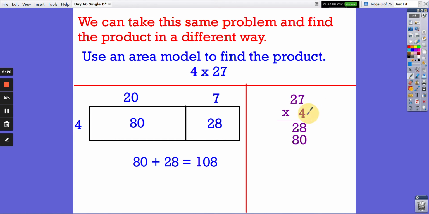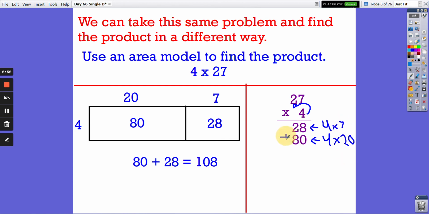Now I'm going to do 4 times this 2. But what's the real value of that 2? That 2 is really worth 20. So 4 times 20 gives me 80. Sometimes we'll make a little note on the side so we know what numbers I was using to get these numbers over here.